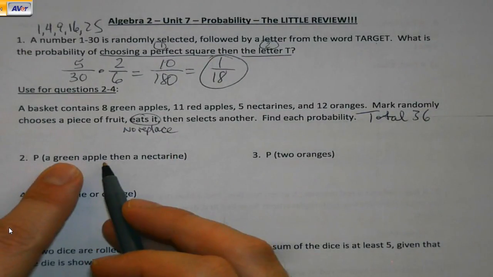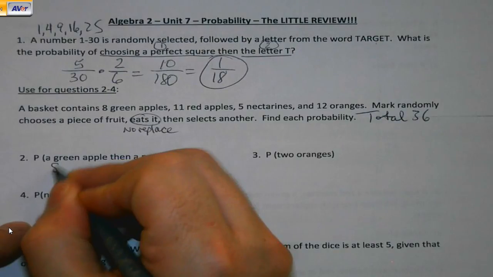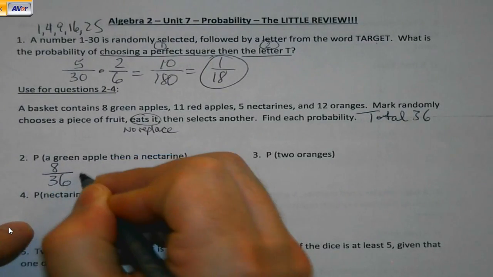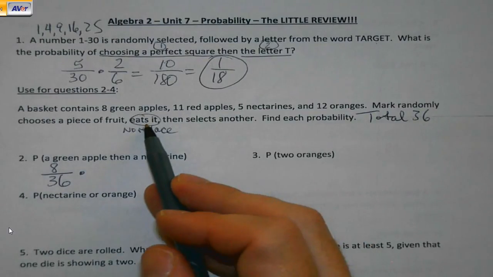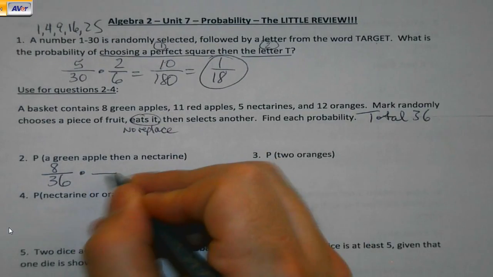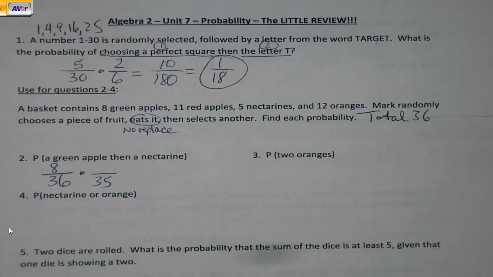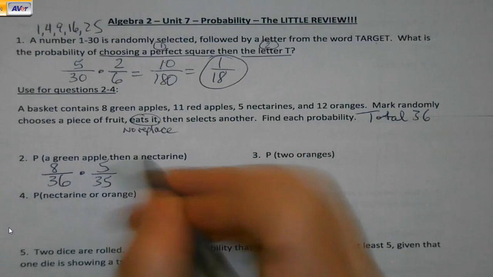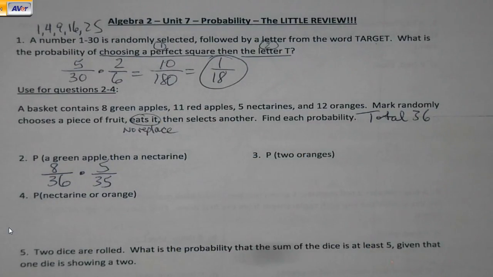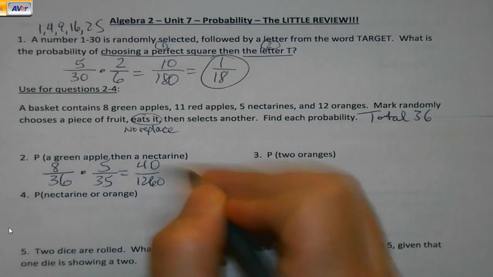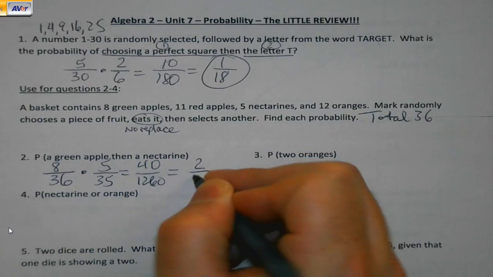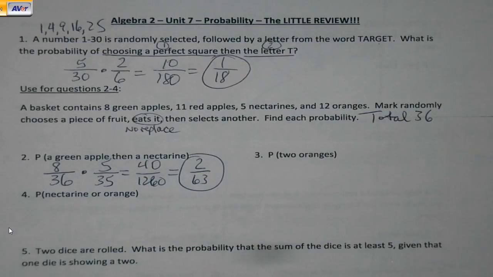Probability of choosing a green apple, there's 8 of them out of 36 total pieces. Then a nectarine, but remember, Mark ate the apple. So now there's only 35 pieces of fruit left, and out of those there's 5 nectarines. So we do a little multiplying here, and then a little math enter to get to our simplest form, and we're good.